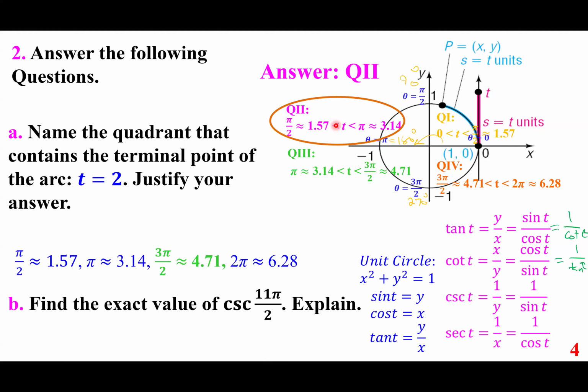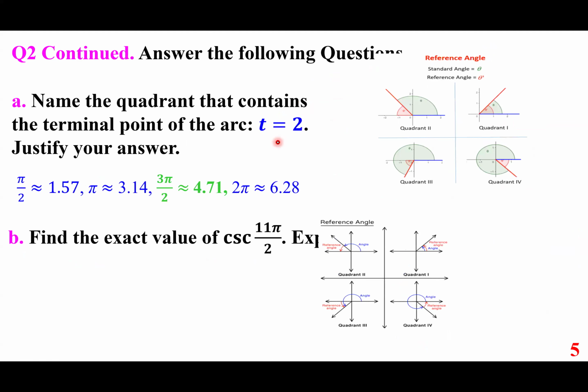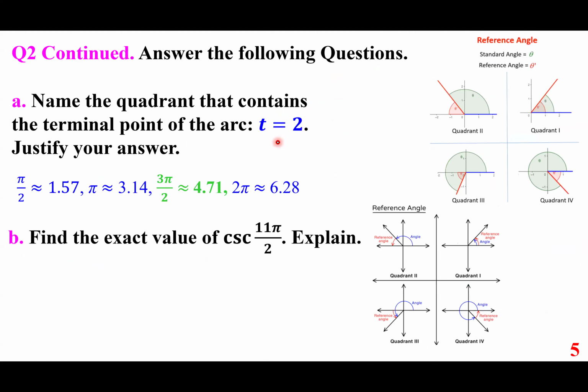Find the exact value of cosecant of 11 pi over 2. So to answer that, I'm repeating what we had in the previous page, and we decided t equals 2 gives us the second quadrant. Now I want to discuss the reference arc or reference angle.